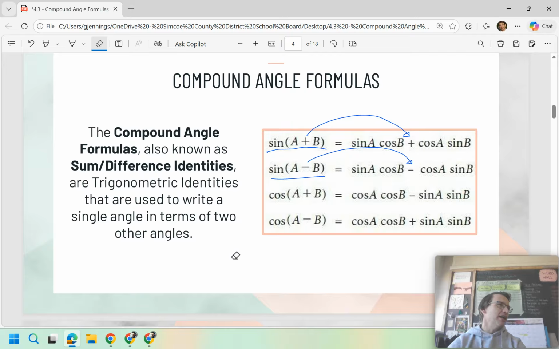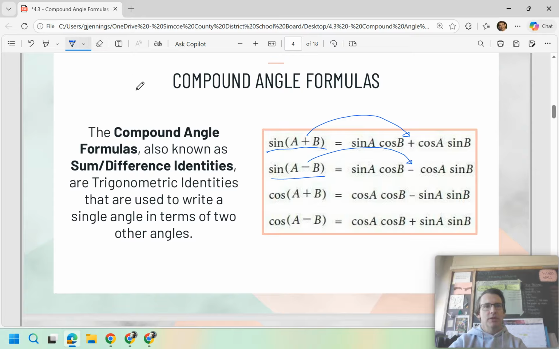If there are three primary trigonometric ratios, and one is more primary than the others, it would be sine, right? So sine A plus B is sine A cos B plus cos A sine B. So you always have sine cos, okay? And then sine A minus B, we still have sine cos.